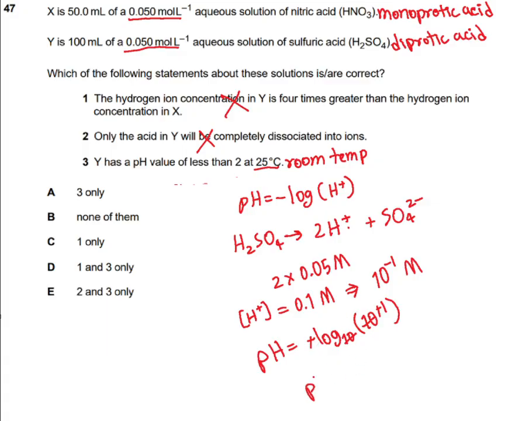And now we have pH basically 1. So it's true, because this pH 1 is less than 2, and statement 3 states the pH must be less than 2. So this is correct, statement 3.